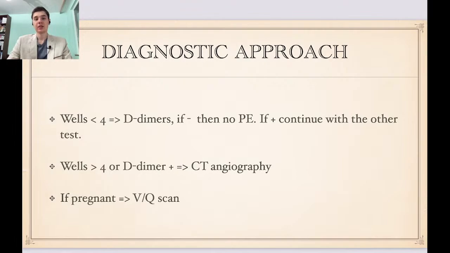The other test is also made if the Wells is above 4, meaning we will do a CT angiography. Lastly, if the patient is pregnant, we opt for a VQ scan to avoid exposure to radiation.